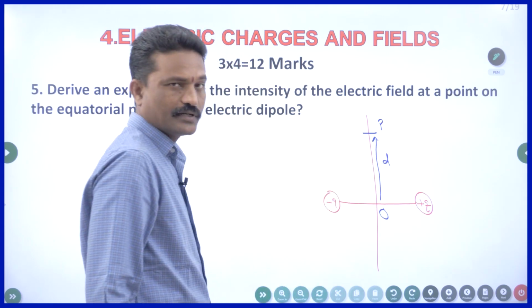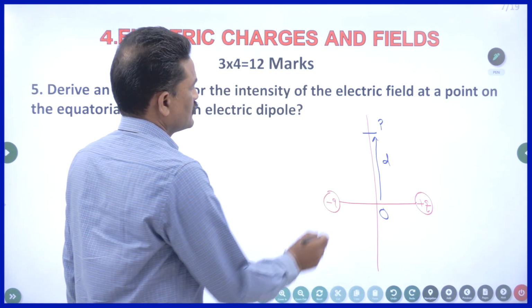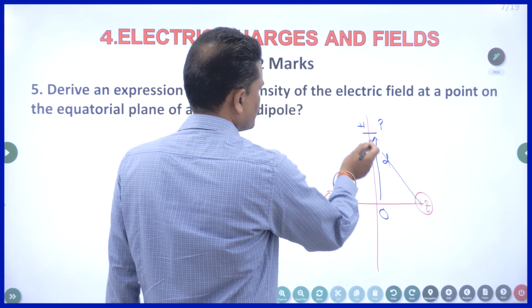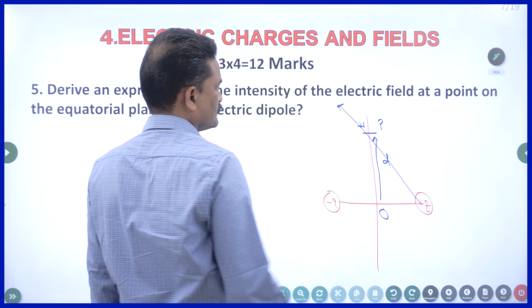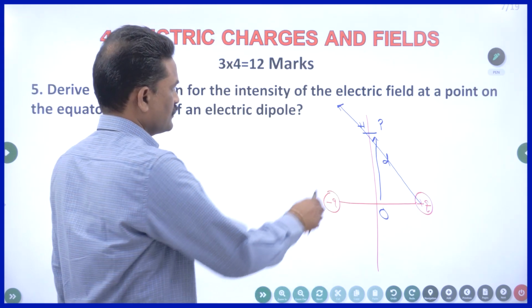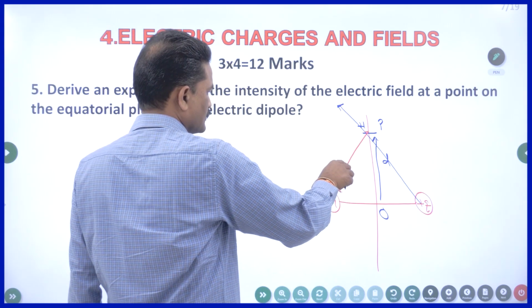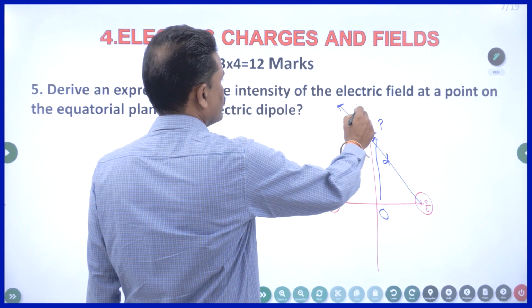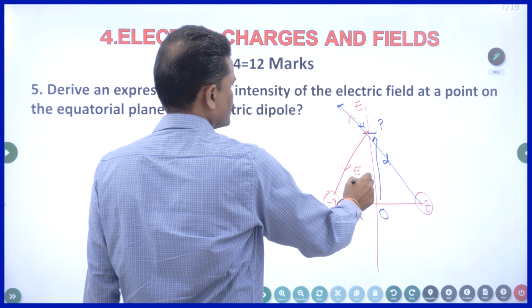Let us say this is point P. So what happens? This unit positive charge is repelled by the positive charge, so this forces it to go away from it, and the negative charge attracts, so it wants to come toward this. The resultant of two forces, this is E1 and this is E2, is this one.